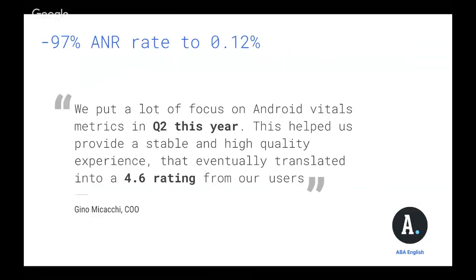In that quarter, they saw their ANR rate drop by 97%, and they associate this with increasing their rating drastically from users. You will never get a 4.6 star rating by only focusing on your vitals, but I can definitely assure you that you will never get a 4.6 star rating if you have terrible vitals.